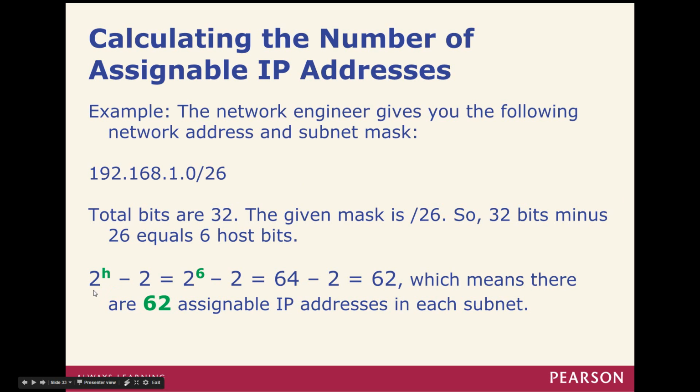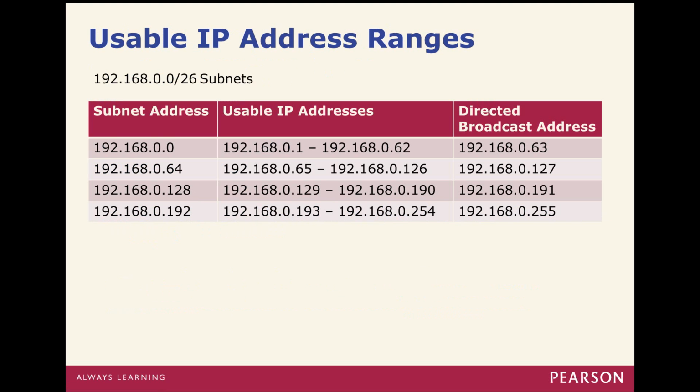When we add this in the equation, 2 to the 6th gives us 64. We subtract 2, we get 62. So 2 to the 6th minus 2 is 62, which means there are 62 assignable IP addresses on each subnet. So we have 4 subnets, each with 62 assignable IP addresses.